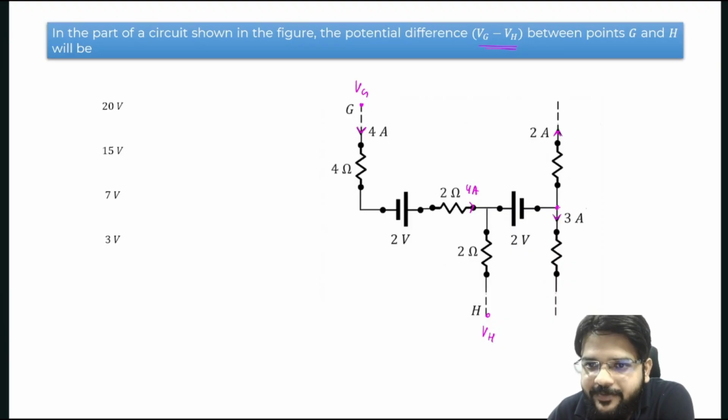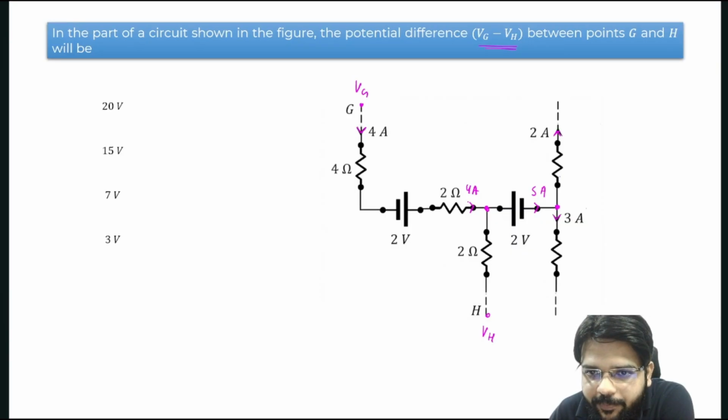If I apply Kirchhoff's current law, KCL, at this node, 5 ampere current is leaving. So 5 ampere current should enter this node, correct? So from this node definitely 5 ampere current should exit. Now see this node everyone.